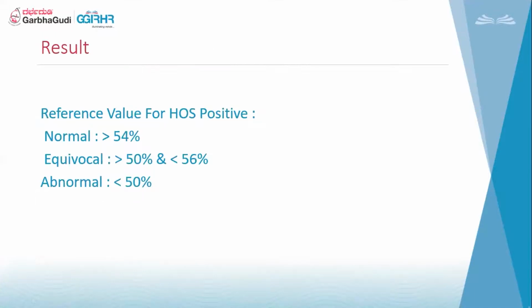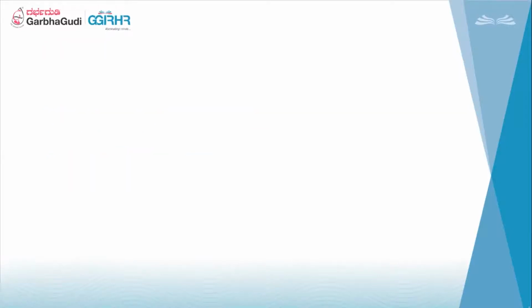The reference value for HOS positive: normal is equal to 54% or above. Equivocal is 50% and less than 56. And abnormal is less than 50. If it goes below, then it is abnormal.